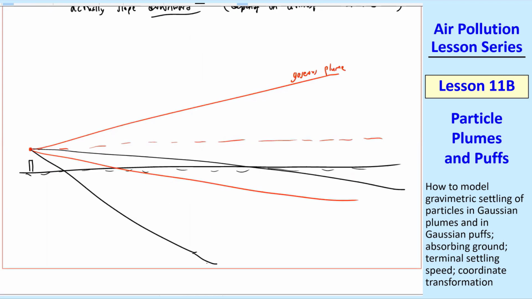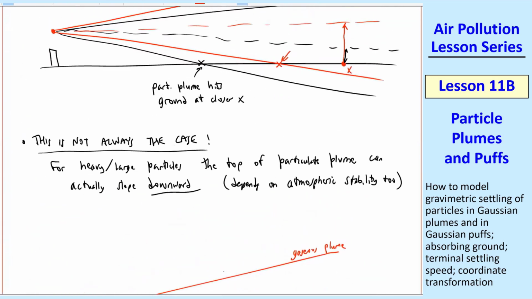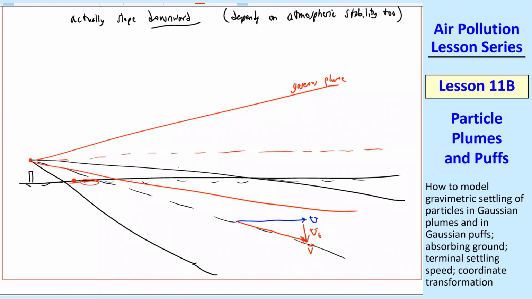And if the particles are heavy enough, what happens is this center line, which by the way is always U and VT, add up vectorially to our particle velocity V. Well, you can see you'd have a higher concentration in this region because the particle plume has hit the ground first, just like we talked about up here. But the top of this particle plume actually hits the ground, and nothing under the ground matters. It's just absorbing.